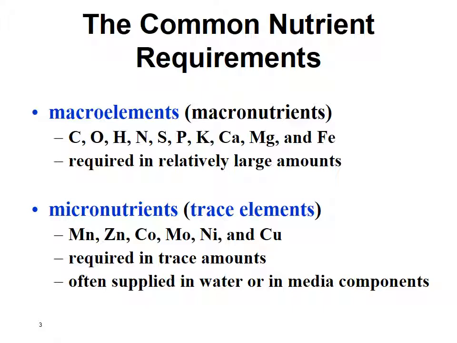These are known as the macro elements because they're required in large amounts. The first 6 of these macro elements are components of carbohydrates, lipids, proteins and nucleic acids. The remaining 4 macro elements exist predominantly as cations in the cell, and they play a variety of different roles.